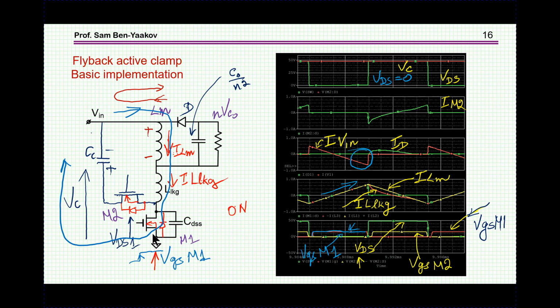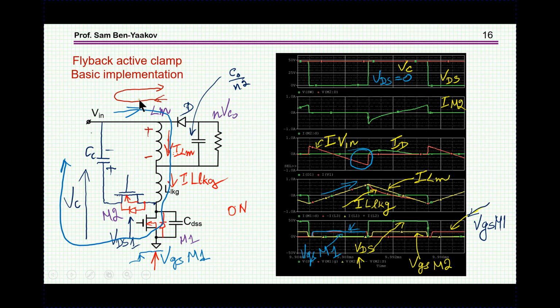And then the transistor is on. Of course, because we have a positive voltage here, the dI/dt is in this direction, and eventually the current will change direction and start flowing this way. And this is what happens here.